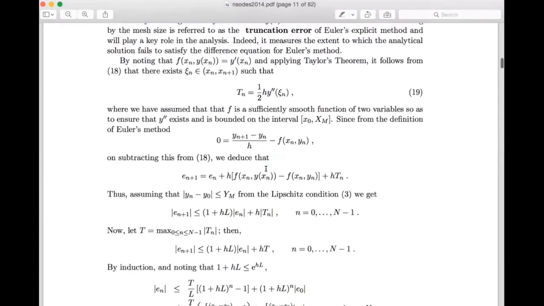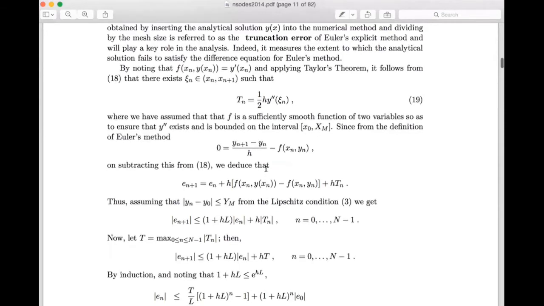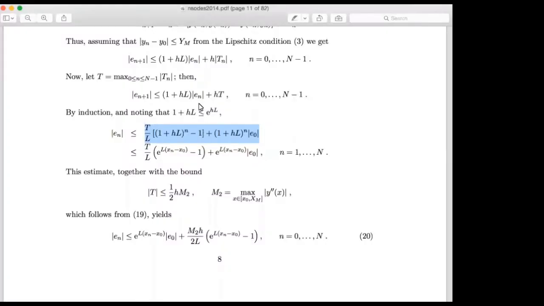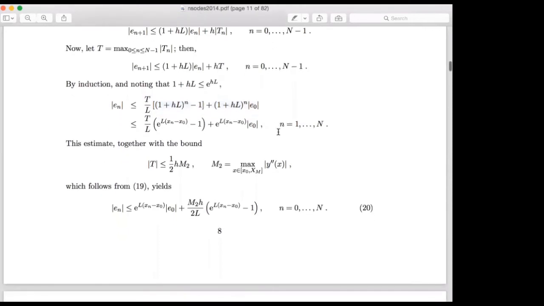But as I told you, we have to be careful of the round off error also. That's why the global error consists of 2 parts, because when I put the value, one power will keep increasing, right? So we will have this right hand side if you do the calculation.